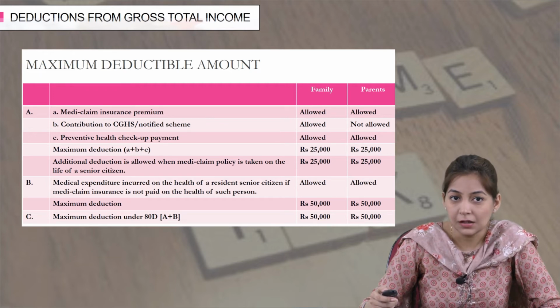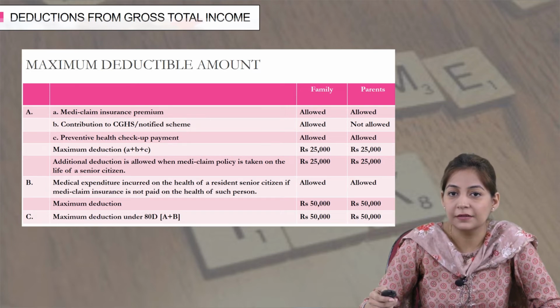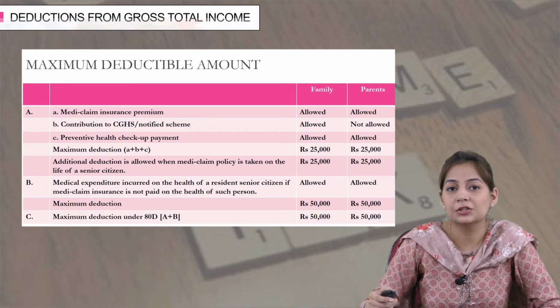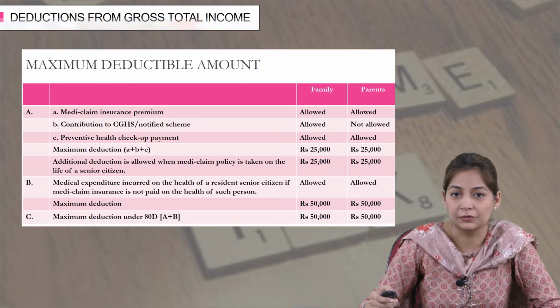Next, there is a limit: the maximum deduction for family as well as for parents is 25,000 respectively. For example, if you have made contribution towards medical insurance premium of rupees 22,000 and for preventive health checkup, let us say 6,000, then 22,000 plus 6,000 together make 28,000, but here we are going to restrict it to 25,000 only.